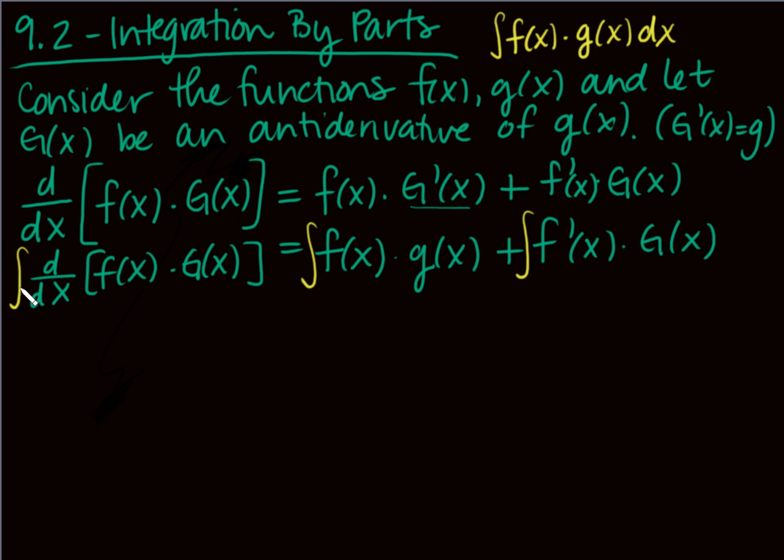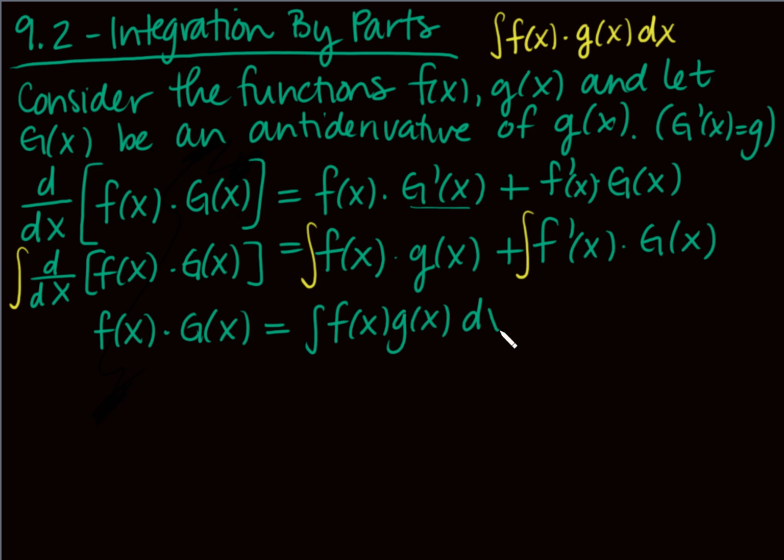Here, this says take the antiderivative of the derivative, so they just undo each other. And then what do I have here? I have the integral of f of x, g of x, and this is all with respect to x, because these are all functions of x, plus the integral of, and I'm going to switch the order a bit, g of x times f prime of x dx.